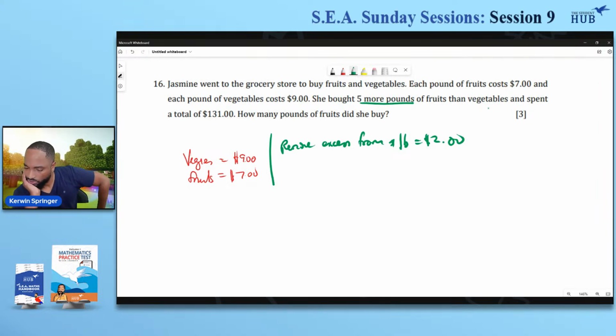Which one costs more money? Fruits. She bought 5 more pounds of fruits than vegetables.